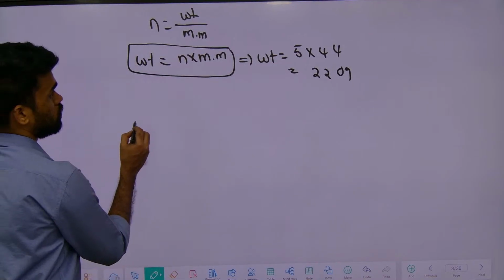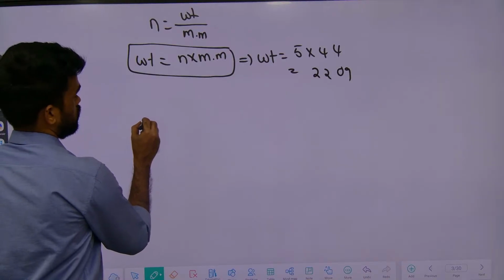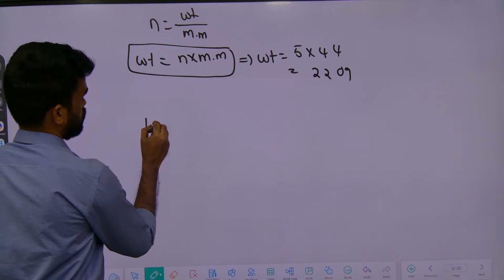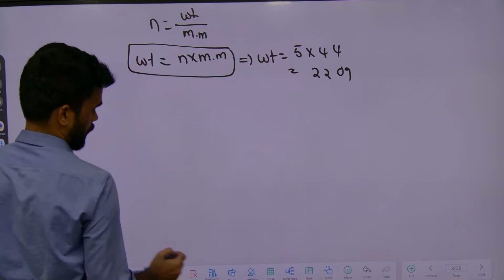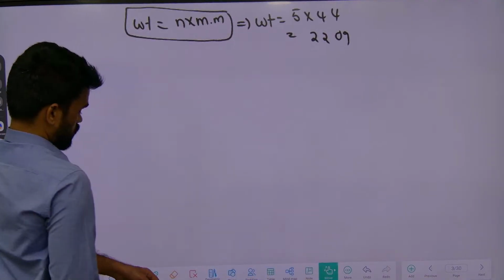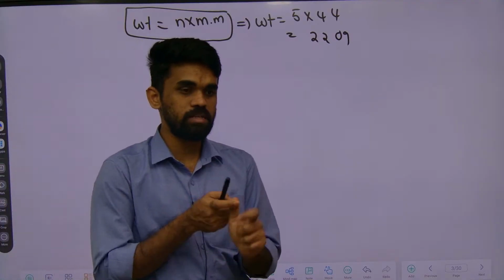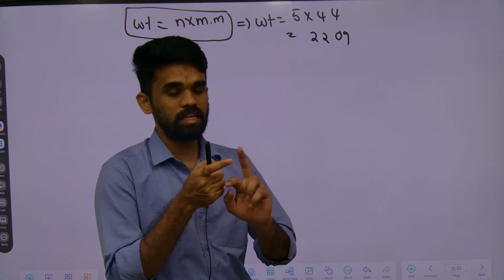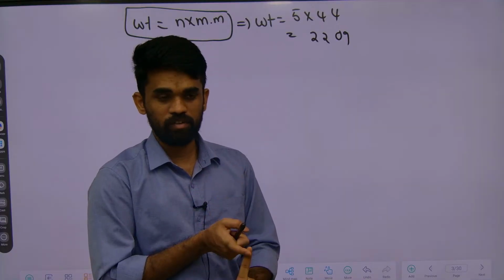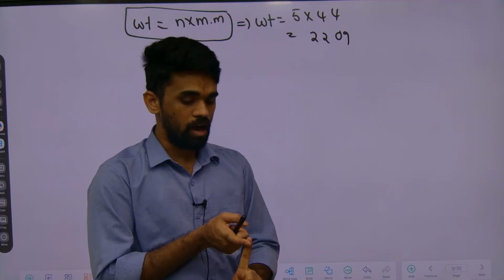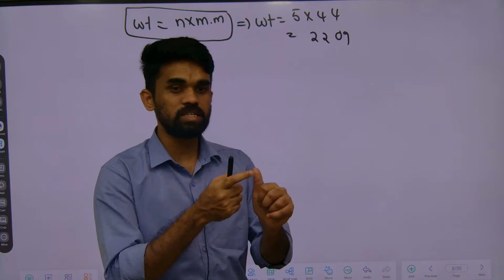So questions can be like this. Either they give number of moles and ask for weight, or they give weight and ask for number of moles. Or they may give weight and ask for number of atoms.